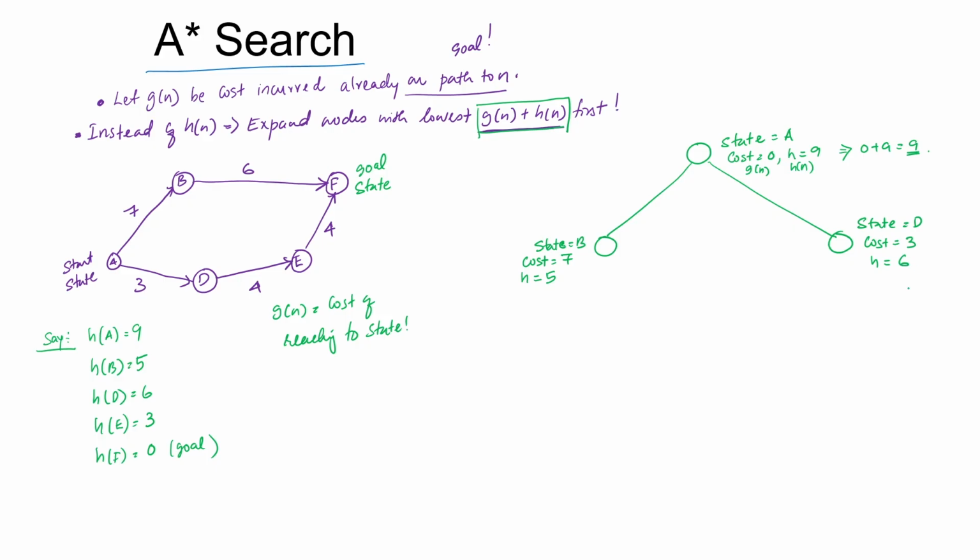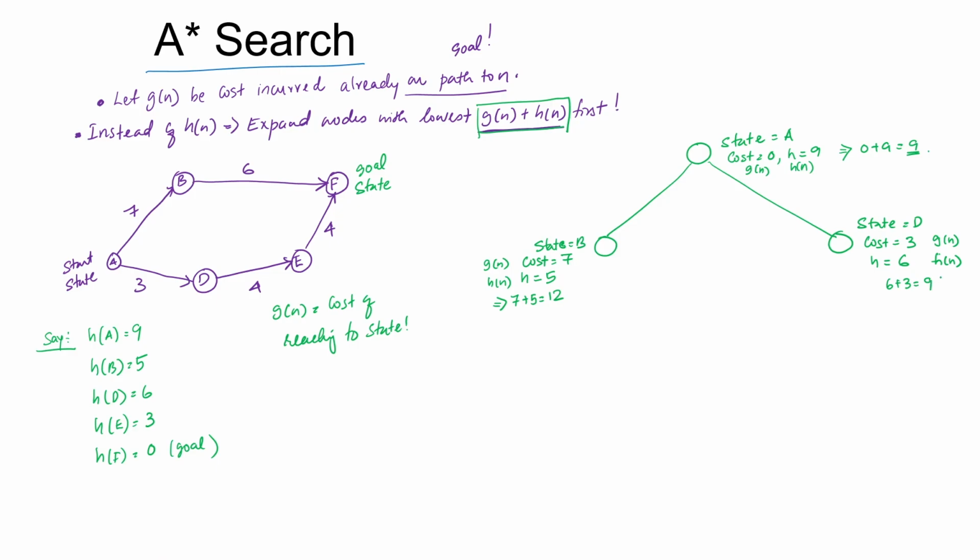So, if you only use the H, then we would have branched on B. Now, this is your G n, this is your H n, which implies 7 plus 5 is 12. In this case, this is your G n, the cost reaching here, this is your H n, that is 6 plus 3 is equal to 9.